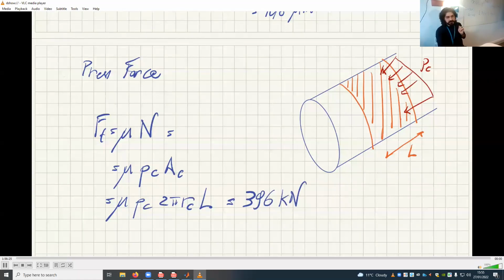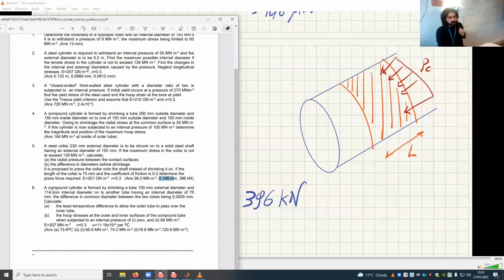Now, for the 340 guys that are with me, I suggest you also look at question 6, because question 6 contains one of the elements for your coursework as well, which is exclusive to your coursework. And it's this: the least temperature difference to allow the outer tube to pass on the inner tube.